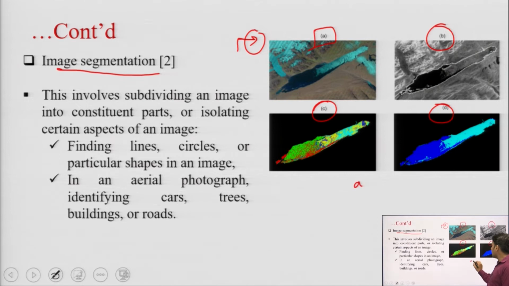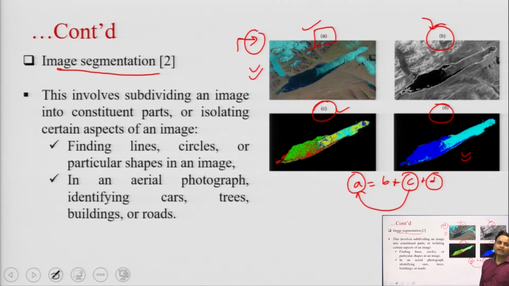If you summarize all the images, then you can say A is equal to B plus C plus D. So, B has a part of the segment of A, C also has a part of segment A, and D, that is this one, also has a part of image A. All these three images together provide the complete image.